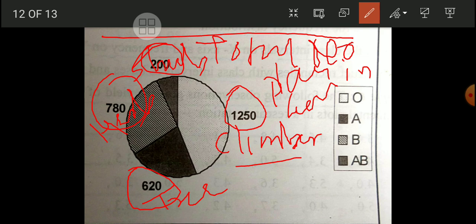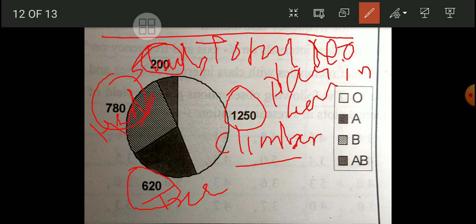Or suppose we want to find out data, that is, suppose this pie diagram shows the blood bank data for the year 1996, isn't it?